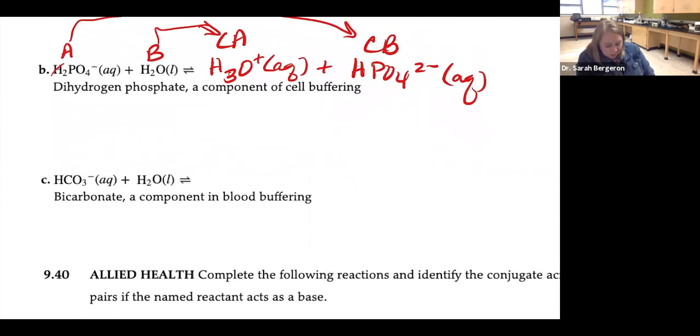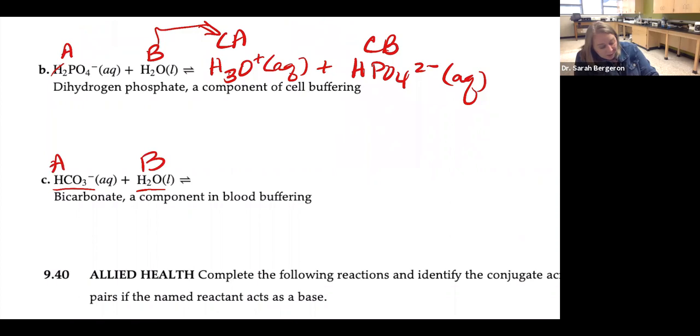Bicarbonate, a component in blood buffering systems. All right, so you have HCO3 minus. What happens if you have water and bicarbonate? What you're told here is that this is acting as an acid. So then my water has to be the base.